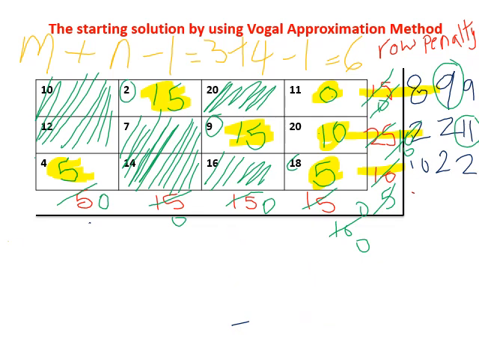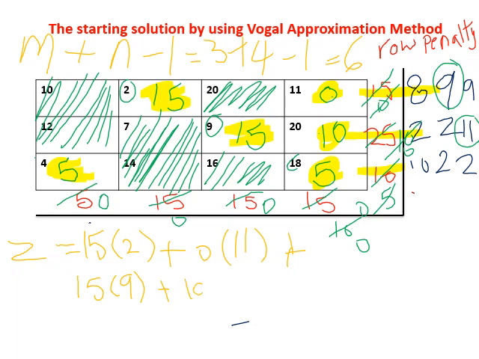The value of the starting solution for the Vogel approximation method equals 15 times 2 plus 0 times 11 plus 15 times 9 plus 10 times 20 plus 5 times 4 plus 5 times 18, which is equal to $475.